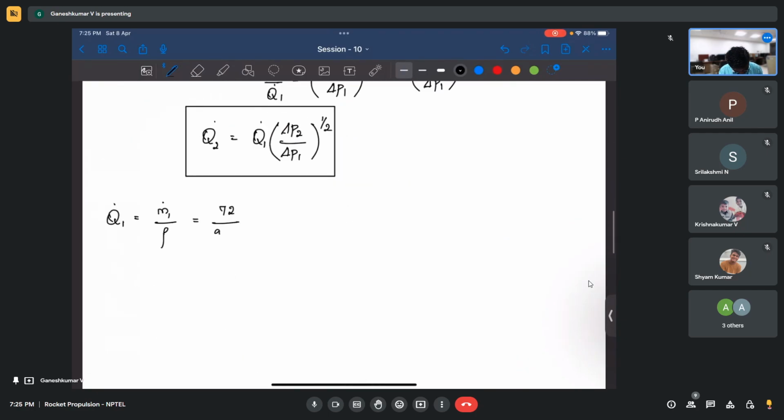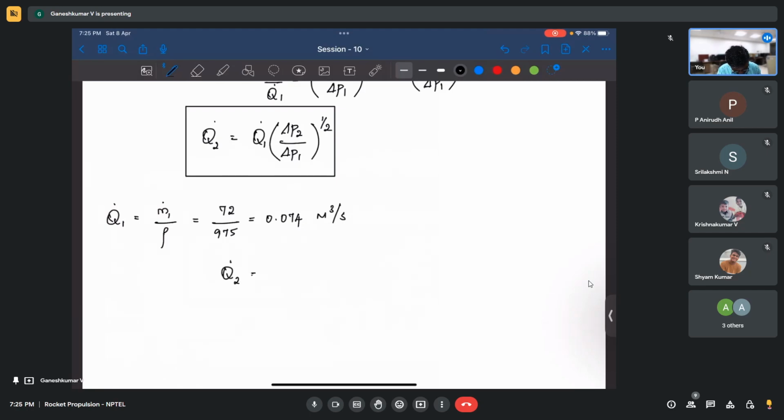How much is that? 0.0738, so let's make it 0.074 meter cube per second. So we have q dot 1, and we can go ahead and calculate q dot 2.